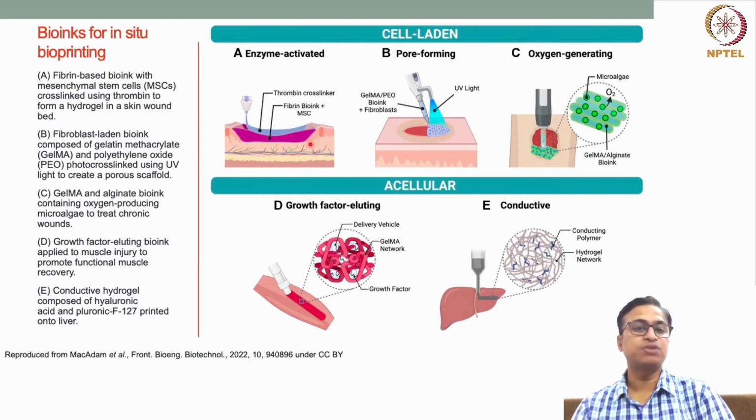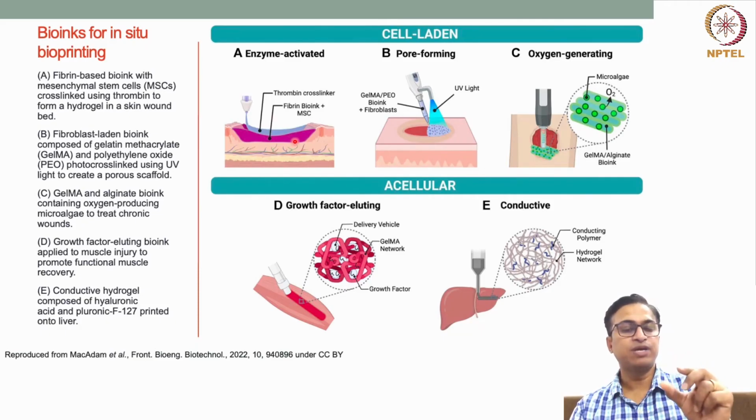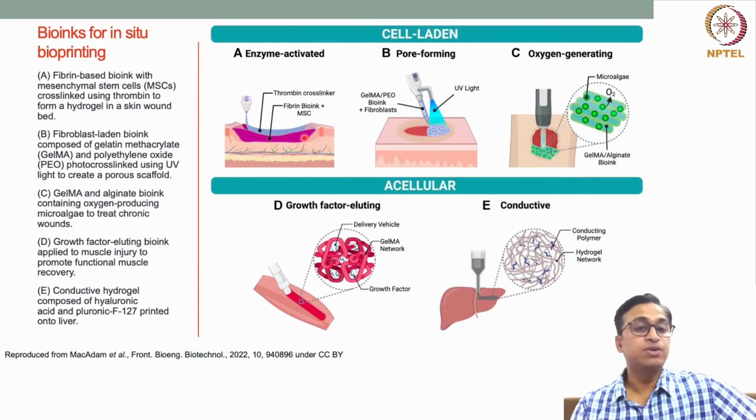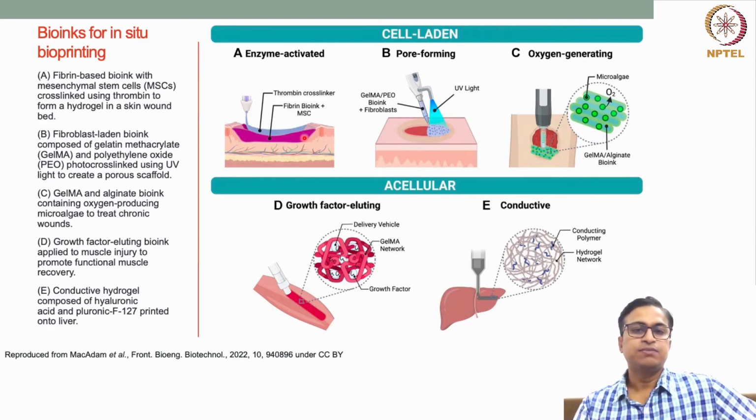So two different bioinks can be used here, like one is the fibrinogen bioink, where MSCs or any type of cells can be loaded, and that can be first printed, and on top of that, if we print the thrombin cross-linker, then the whole construct will get cross-linked. So this is a very good example of how enzyme activated bioinks can be used for bioprinting applications.